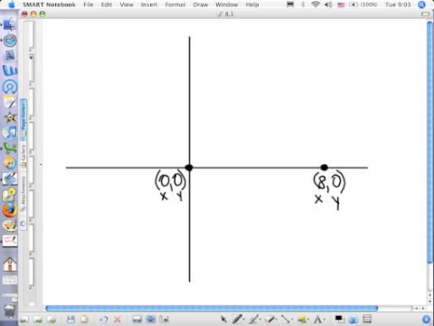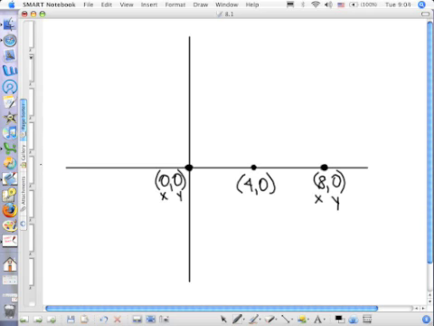What are the two x coordinates of my two end points? 0 and 8. If you were going to find the average, what would you do? Add them up and divide by 2. What are the two y coordinates? 0, 0. You would add them up and divide by 2. And it gives you 4, 0. Which we already said is the middle.